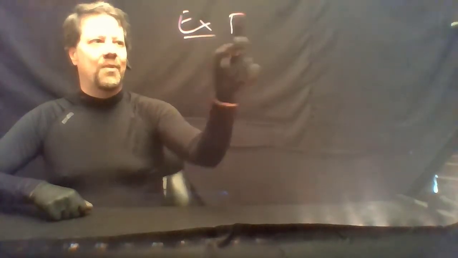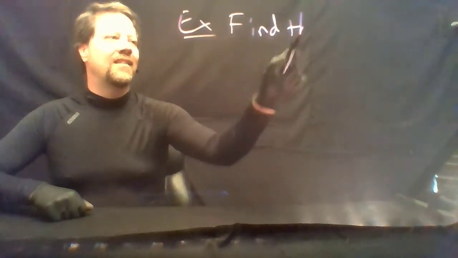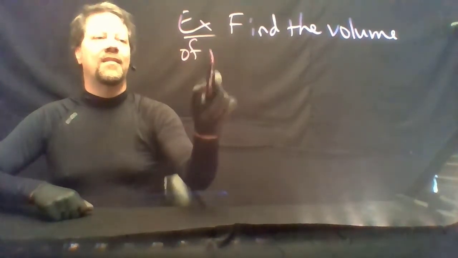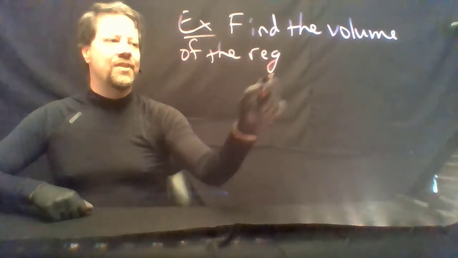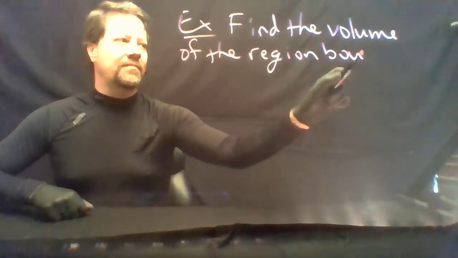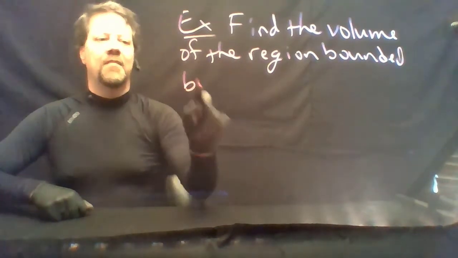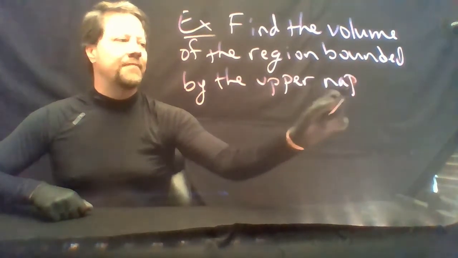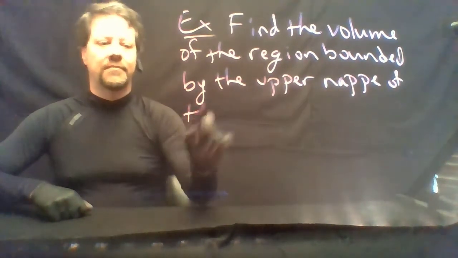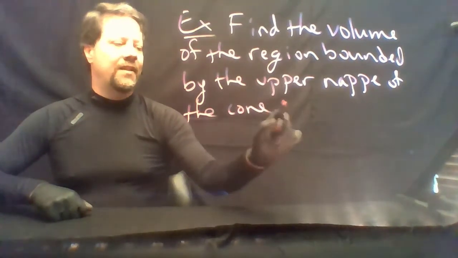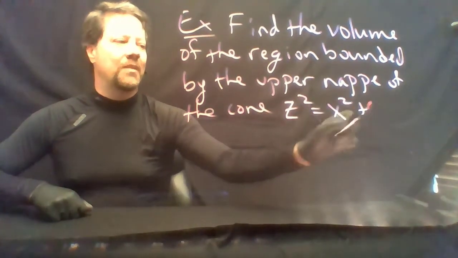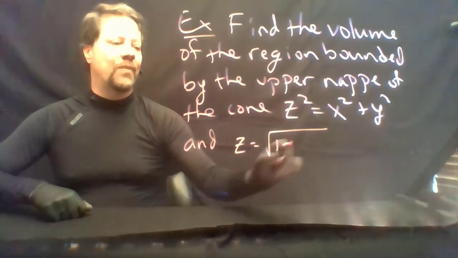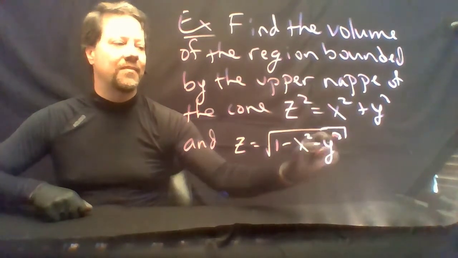In our next example, I want to find the volume of the region bounded by the upper nappe of the cone z squared equals x squared plus y squared, and z equals the square root of 1 minus x squared minus y squared.